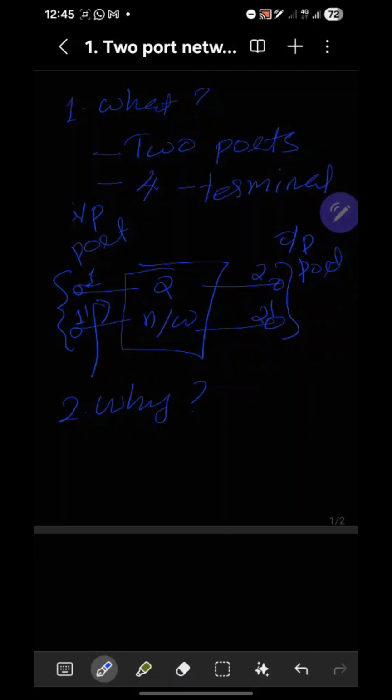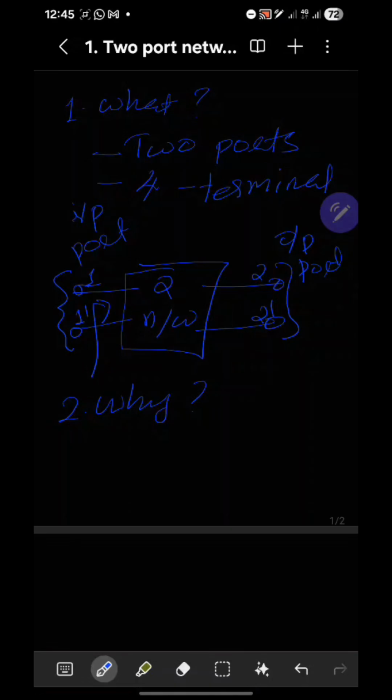So in all these situations, if we want to interconnect two network elements, or if we want to connect a source to the network, or if we want to connect a load to a network, to design it properly, to connect it properly, we have to understand the electrical properties of these two-port networks. That's the reason why we are going to learn about this two-port network.